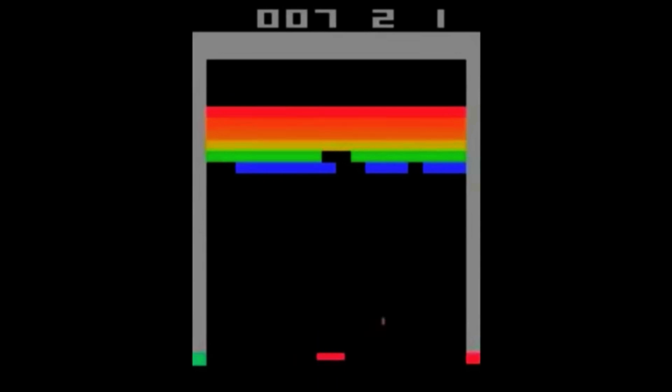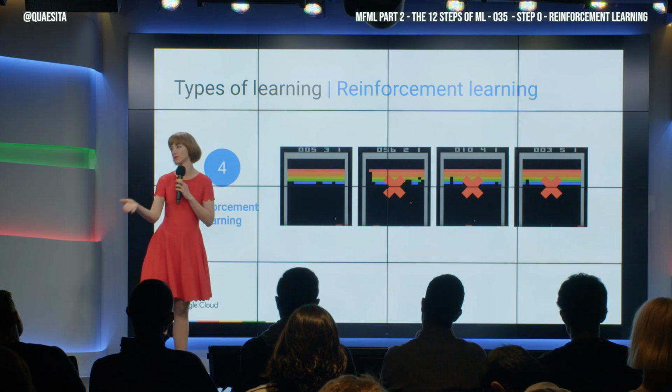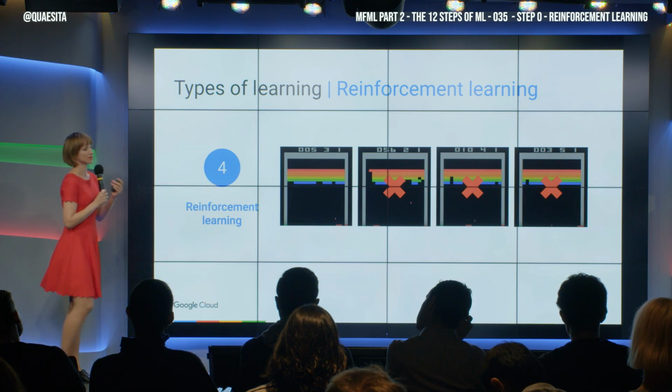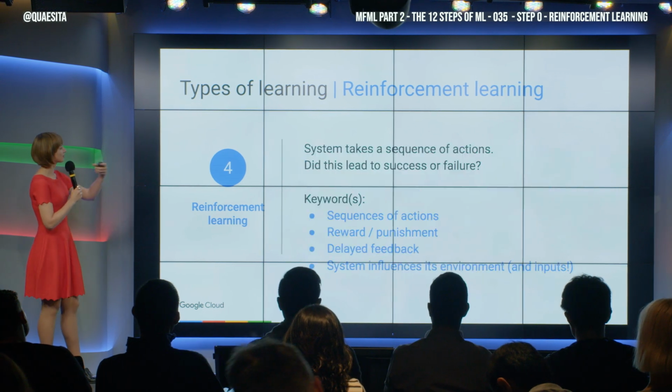We don't know if that move is the one that's going to be responsible for us dropping off the screen later. There's some element of delayed feedback, and you're dealing with whole sequences of stuff. And you need to go to reinforcement learning, and that is, I'm sorry to say, harder than supervised learning.